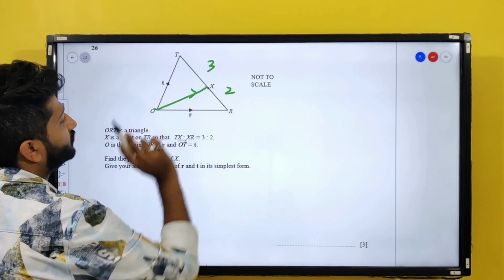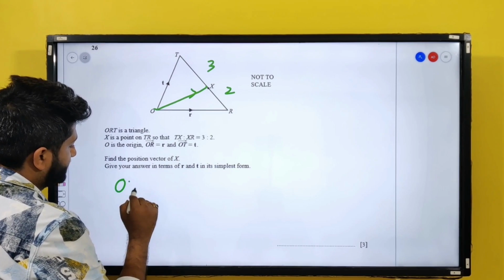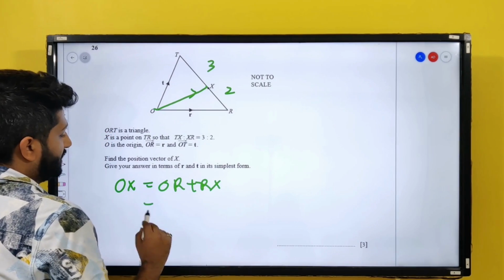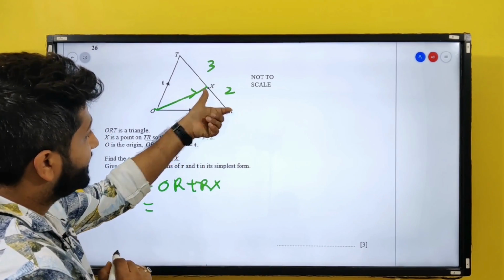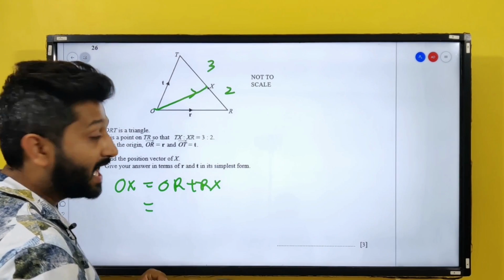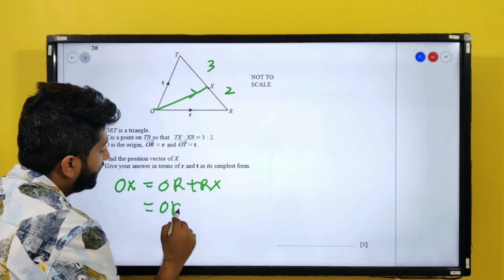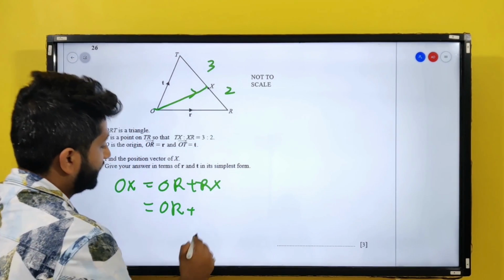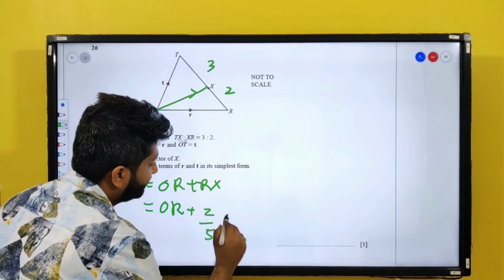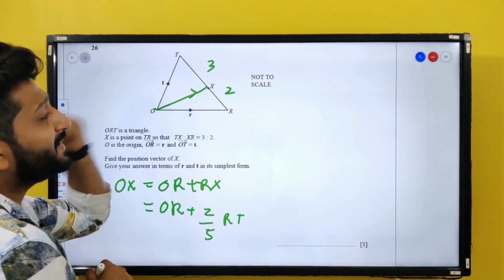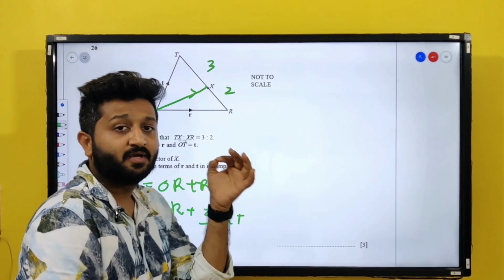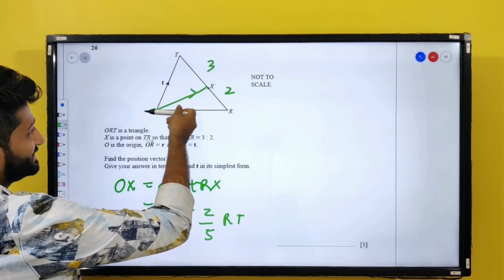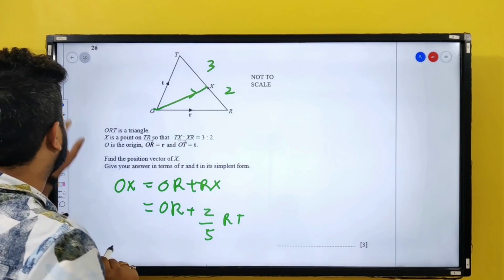Let's say I am going from OR to RX. So my OX is OR plus RX. Now RX is a part of RT. How much part? RX is 2/5 of RT. And what is my RT? My RT means going from R towards T. If I move from R, minus r plus t, this is my RT.